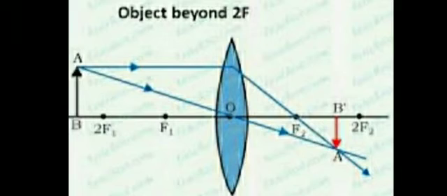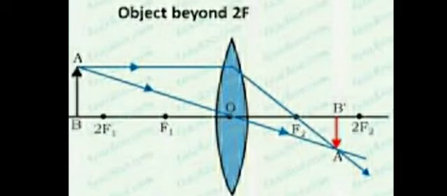Students, now take 2 light rays, one coming parallel to the principal axis from the object. It will pass through the focus and the other will pass through the optical center and go straight without any deviation.